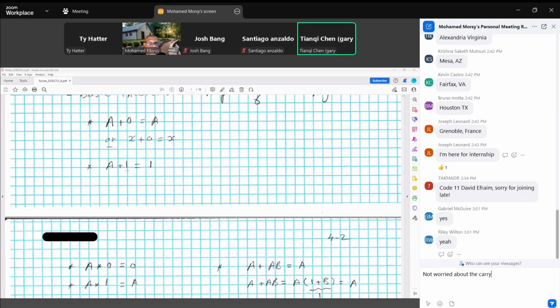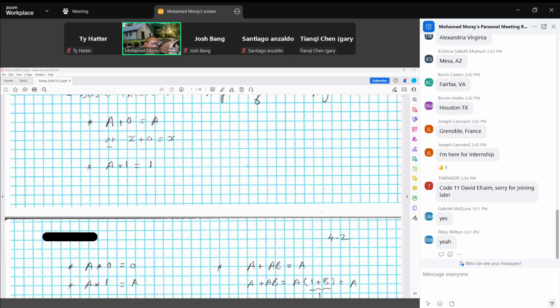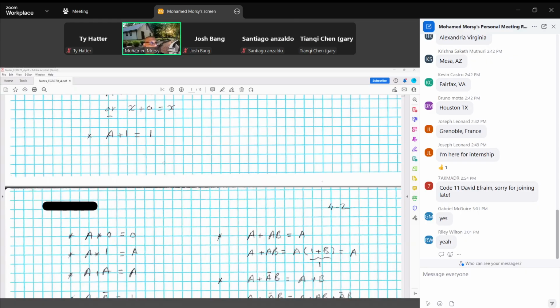Binary addition is arithmetic, like regular math. Of course, if you add 1 plus 1 as binary addition, it is 0 with carry 1. But this is logic addition, so it is 1.